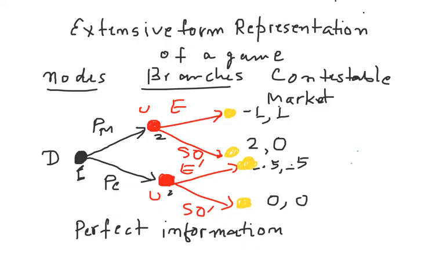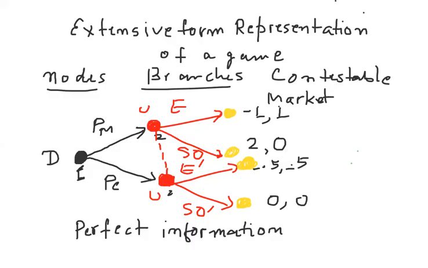But it is always possible that a game could be one where United doesn't know what strategy Delta has chosen. If you have a situation like that, then you can connect the two decision nodes with a dashed line, and that means you have just one information set.